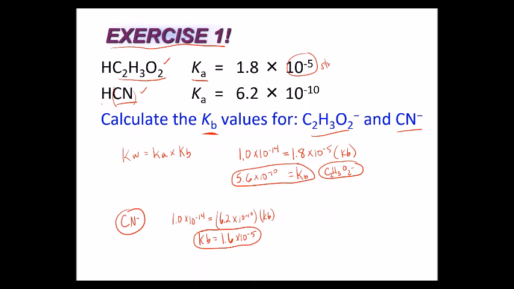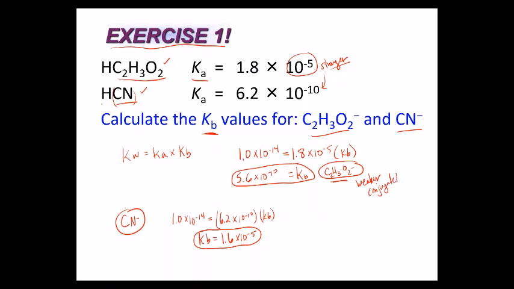So this is a stronger acid in comparison to this one, where it's 10 to the minus 10. But what you should also see here is that makes the acetate the weaker of the two conjugate bases.